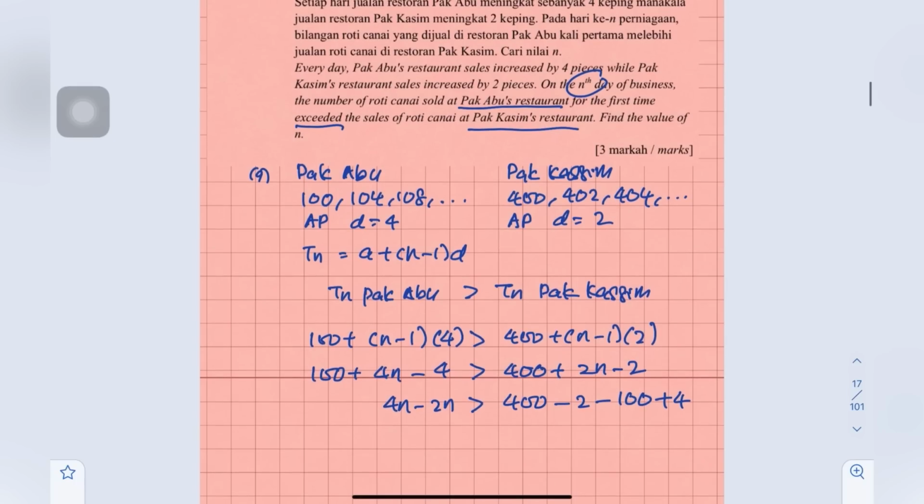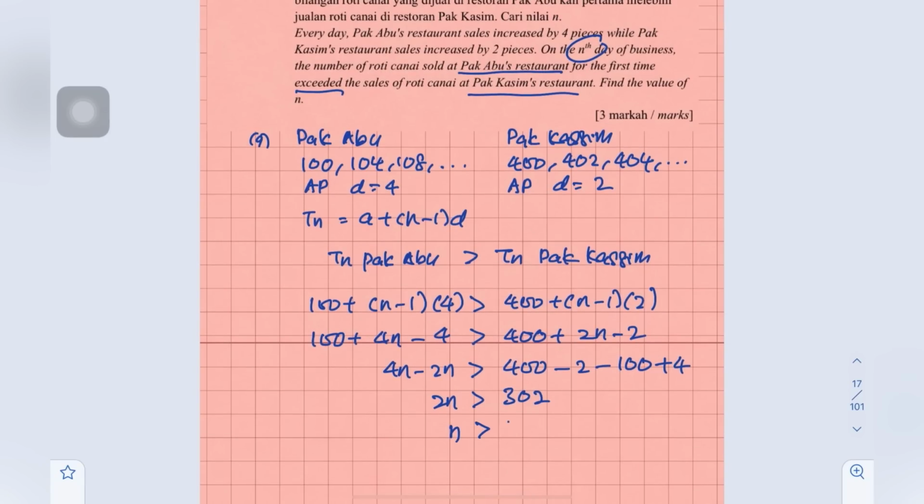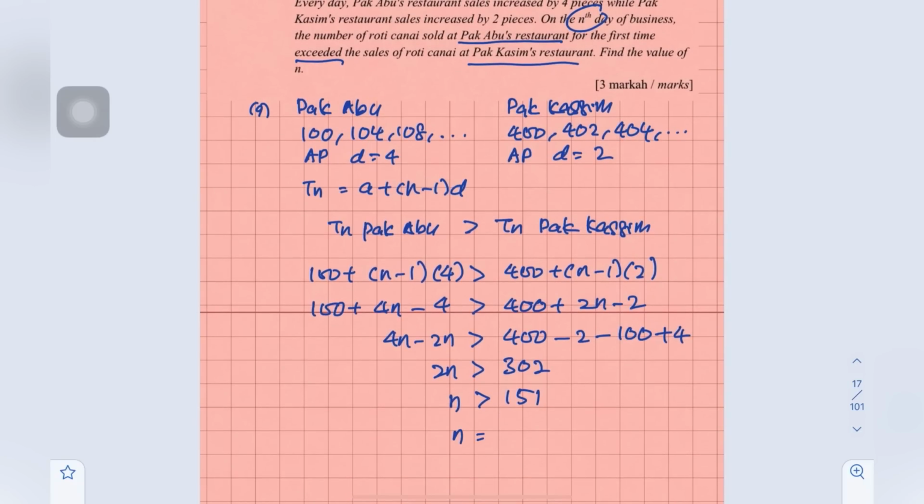So 2n is more than 302, then n is more than 151. But n is the number of terms, so it must be a whole number. So n equals 152.